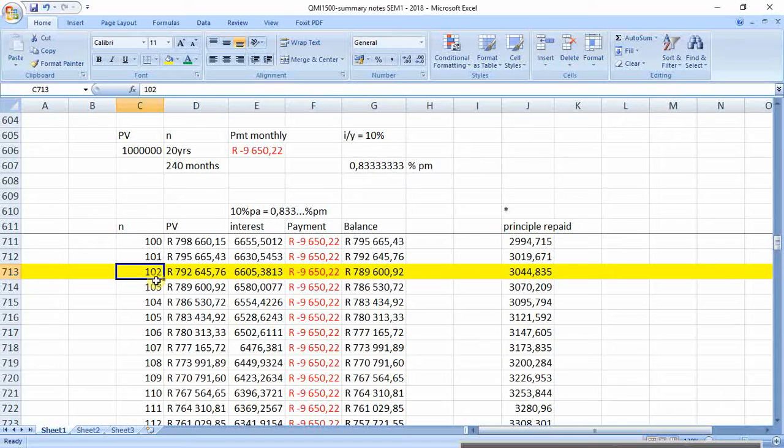I said amort and then I said 102. Okay, there it is. It's not set, so do it again. 102. Press enter. Okay, that's better. Oh, so you don't press equals.